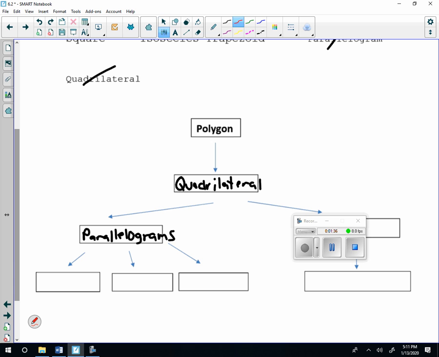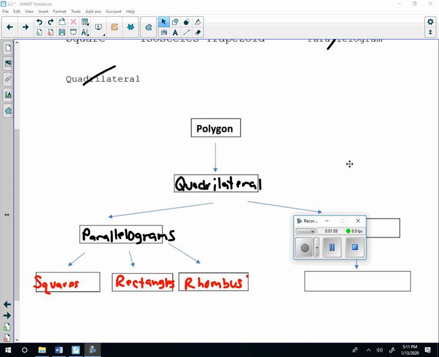Now there are three special kinds of parallelograms. We have squares, rectangles, and rhombuses. These are the three special kinds of parallelograms. All three of those classify as a parallelogram.